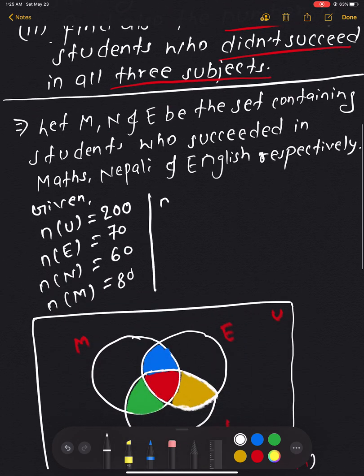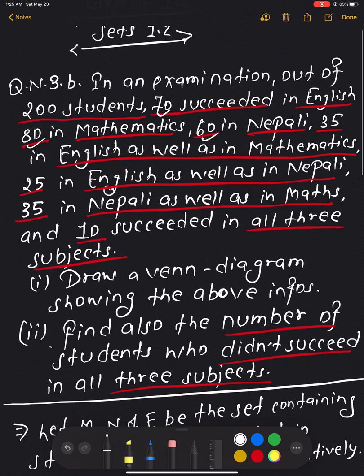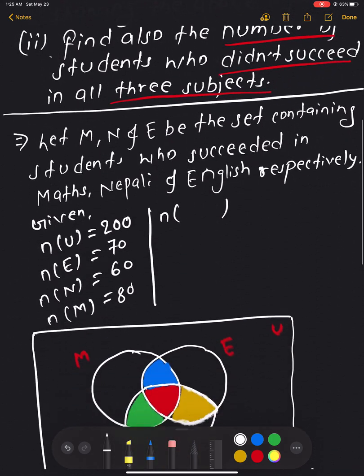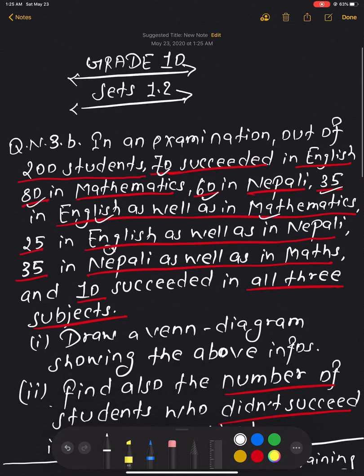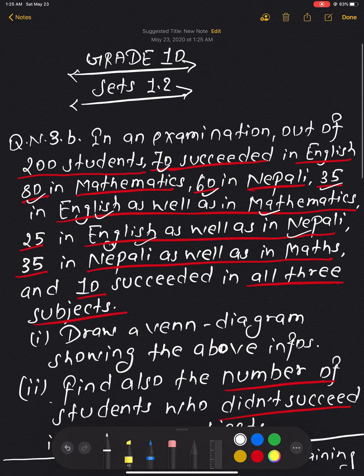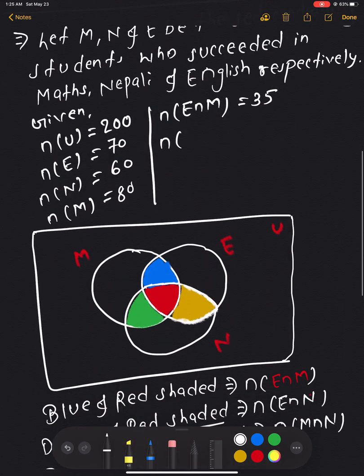And intersection, it says that English as well as mathematics is your 35, E and M. Intersection of English and mathematics is equal to 35, and intersection of English as well as Nepali is your 25.